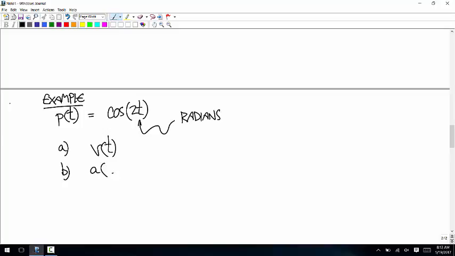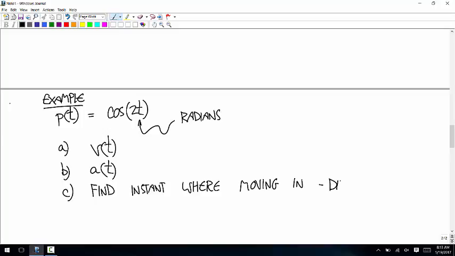Then calculate the acceleration as a function of time. Then find an instant where the object's moving in the negative direction. And fourth, find an instant where the object's slowing down.